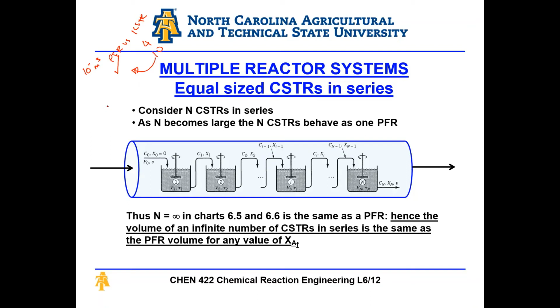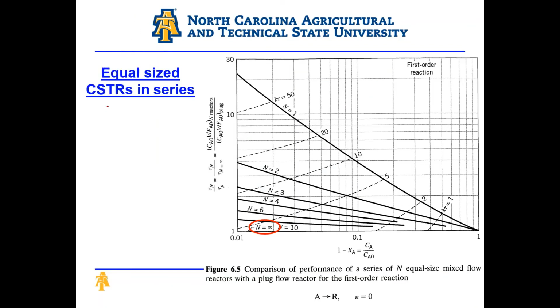Of course, there's an economic trade-off. Maybe 4 smaller CSTRs have a lower capital cost than 1 large PFR. However, 100 small CSTRs are more expensive than a PFR. There's always a trade-off there, but this is just something to know performance-wise. As the number of CSTRs increases, performance gets close to a PFR.